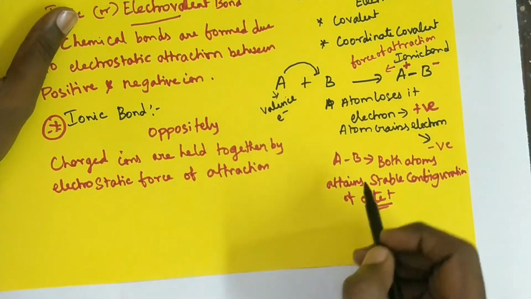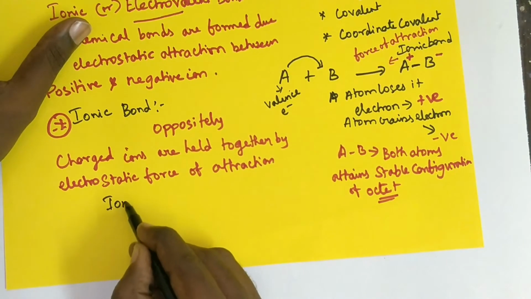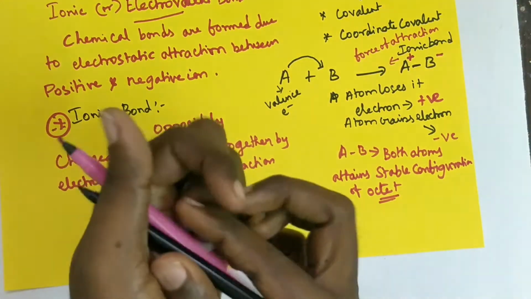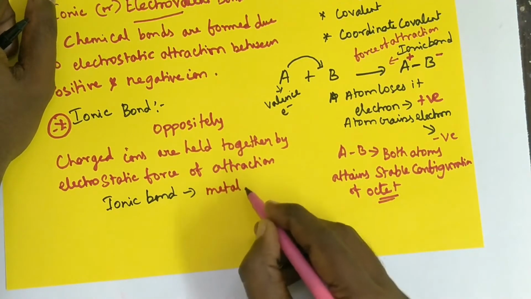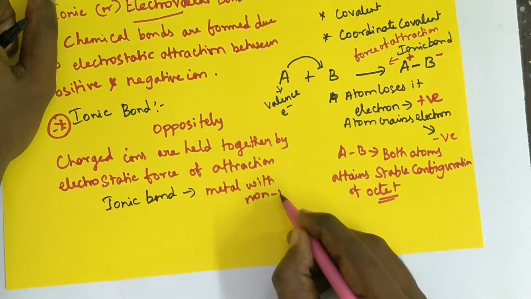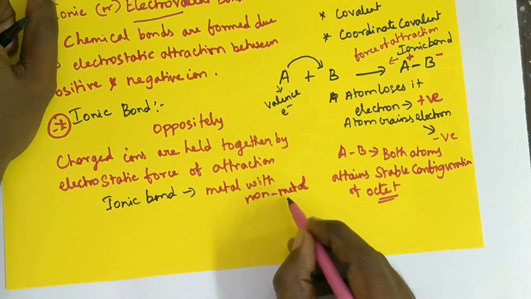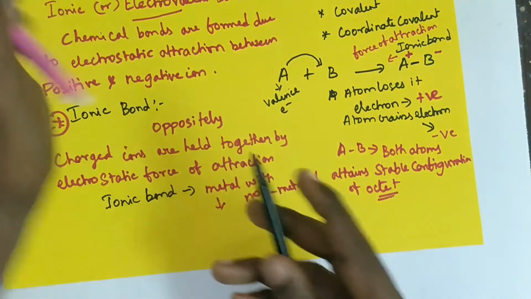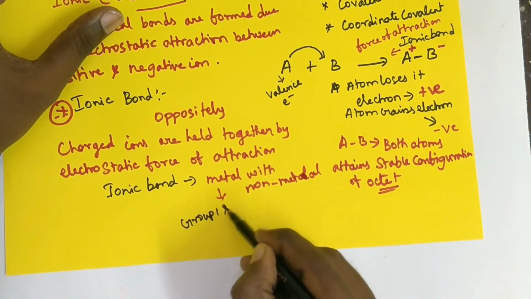In ionic bond, one important point is that it is formed by metal with non-metal. Metals are from group 1 and group 2.